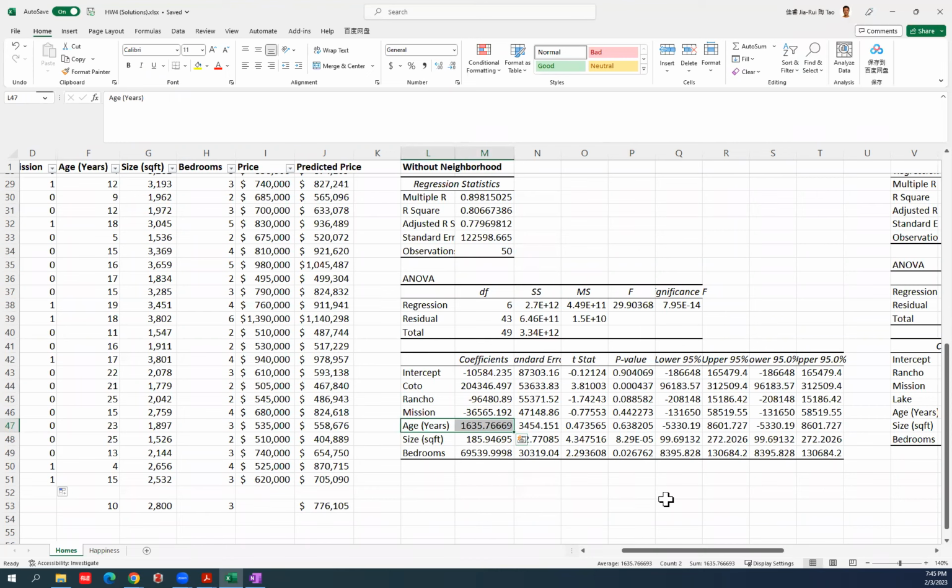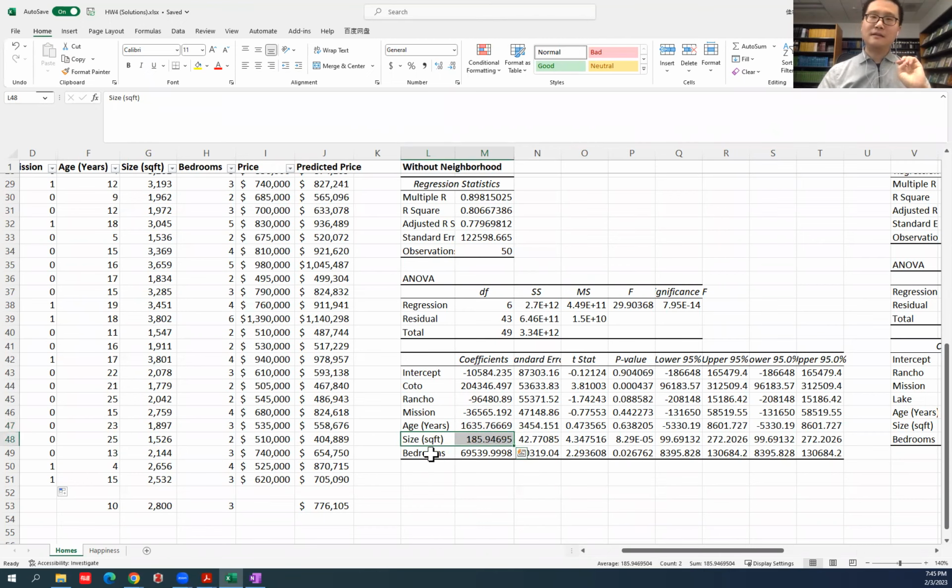So I kept the size and I removed the bedrooms, and it actually turned out to remove that positive coefficient in the age. Oh, okay, I see. So you estimated another 2 models. In one of them, you removed the size. In the second of them, you removed the number of bedrooms, and you see different results.